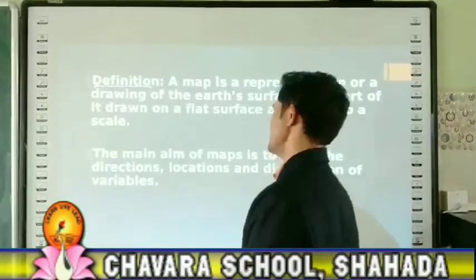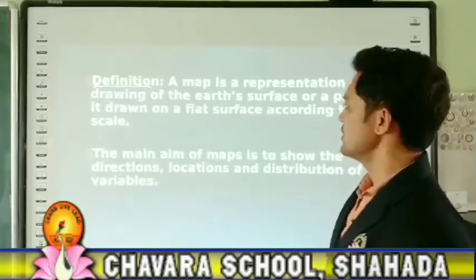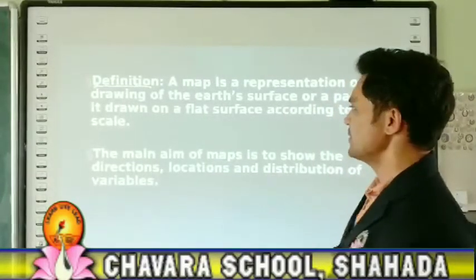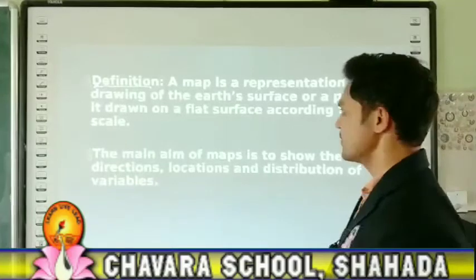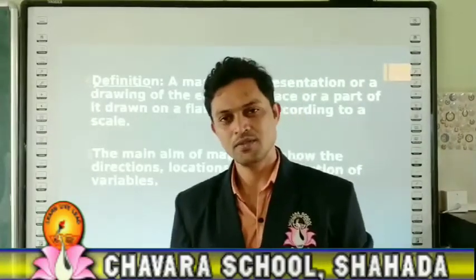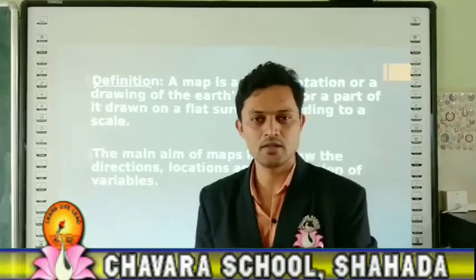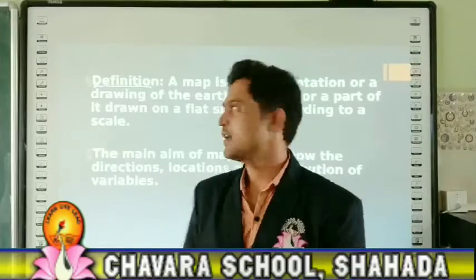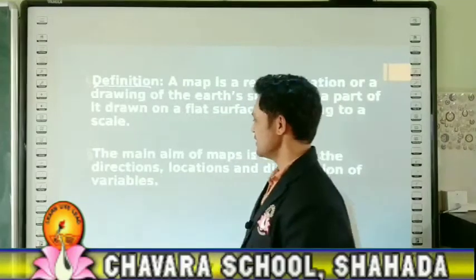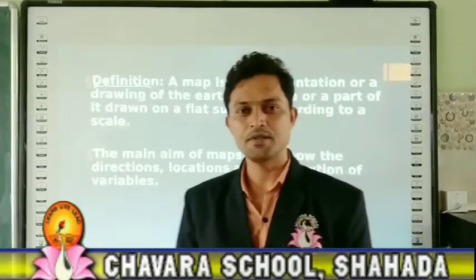That's why our definition says that a map is a representation or a drawing of the Earth's surface or a part of it drawn on a flat surface according to a scale. Yes, scale is very important here because the scale of the map should be in proportion to the scale of the Earth's surface.